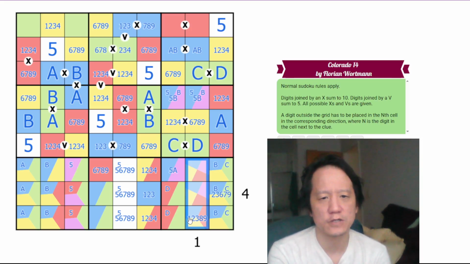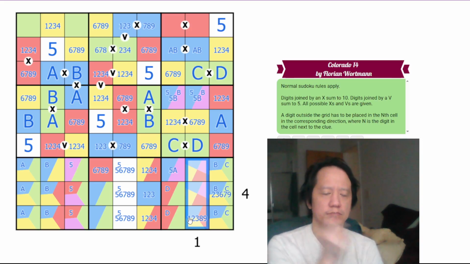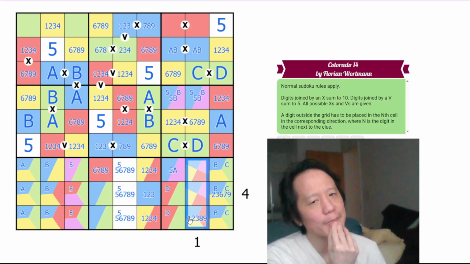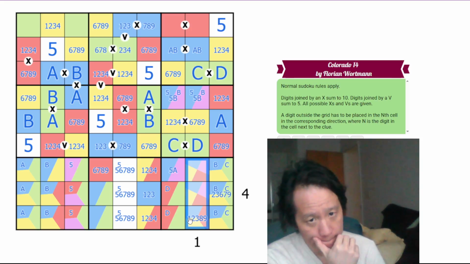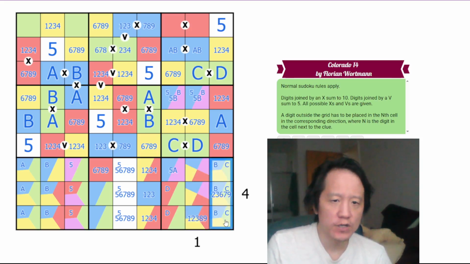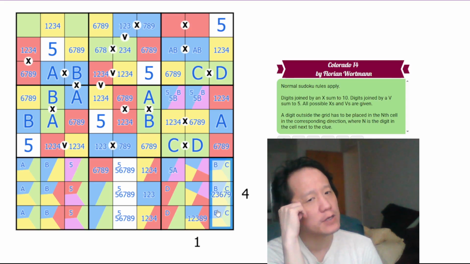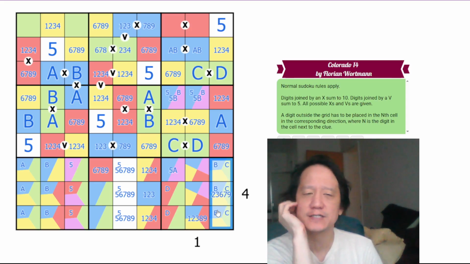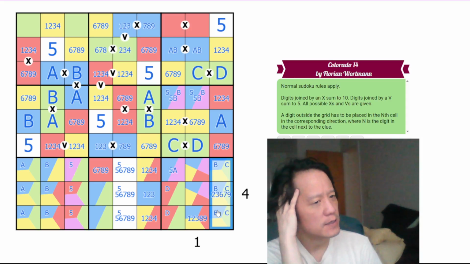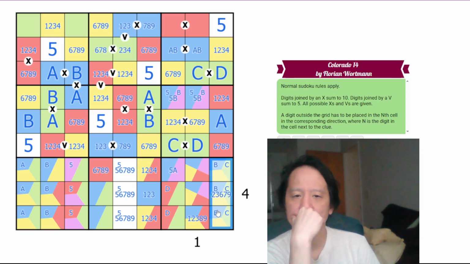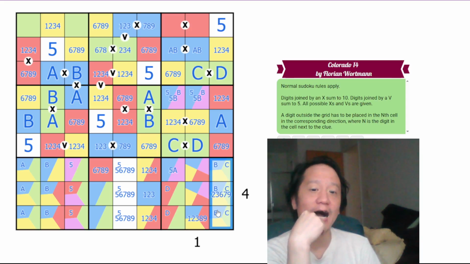This is some interesting logic here. So this is one of these three cells. One of them is the B blue, the other one is the C green, and the other one is the high yellow.